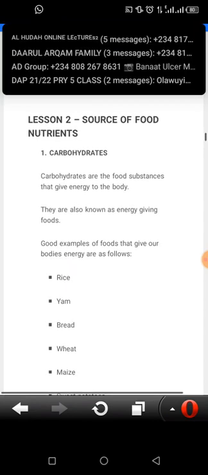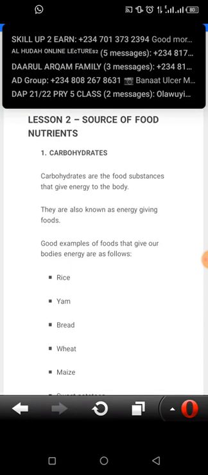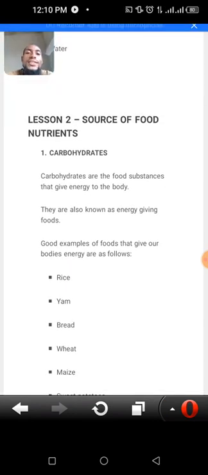So, now let's look at this one after the other. When we're talking about the carbohydrates, they are food substances that give us what? Energy. They are the food that give us energy. The carbohydrate food are the food that gives energy. Right? So, they are known as energy-giving food.